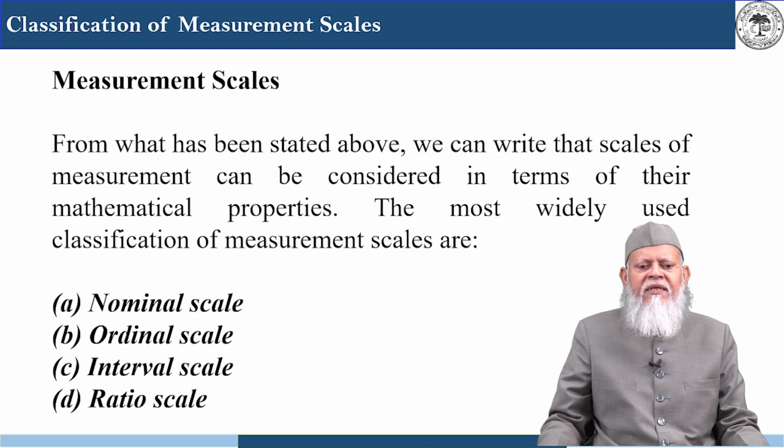Number 1, the nominal scale. Number 2, the ordinal scale. Number 3, the interval scale. And number 4, the ratio scale. Today in this lecture, our discussion would be concentrated around understanding these scales.